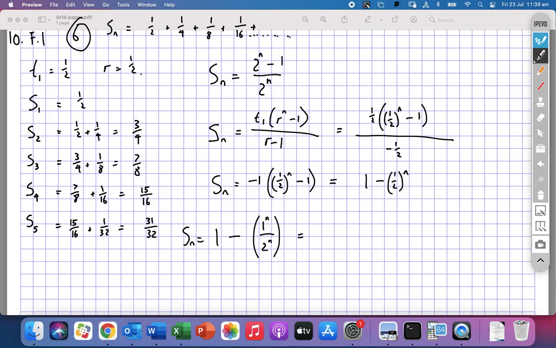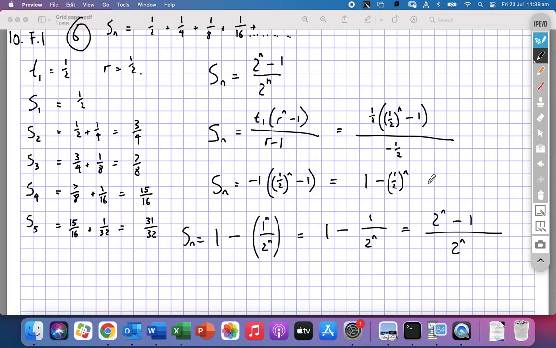If you're watching the video, this thing here, 1 minus 1 on 2 to the n. I want a common denominator. What's the common denominator? It's 2 to the n, right? Okay, my 1 has to be 2 to the n on 2 to the n. This one stays as it is, right? And I've now ended up with exactly the same formula as I had up here.